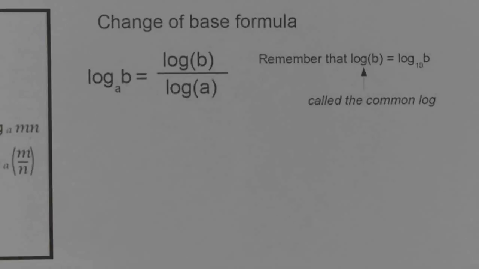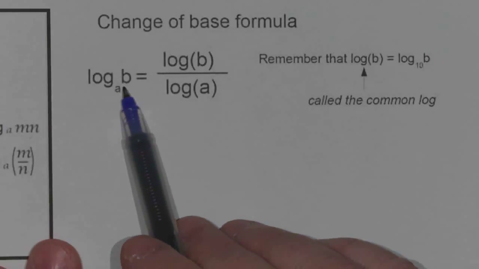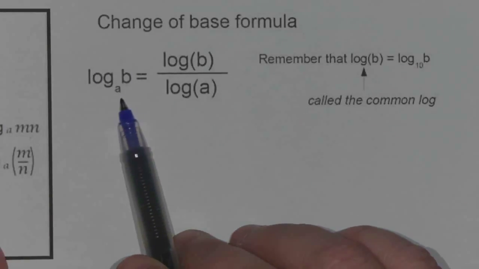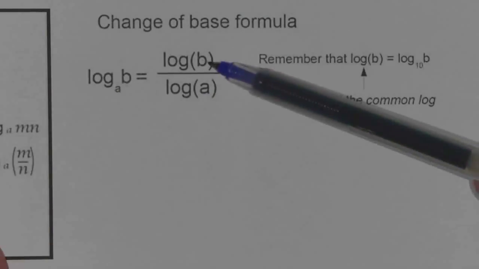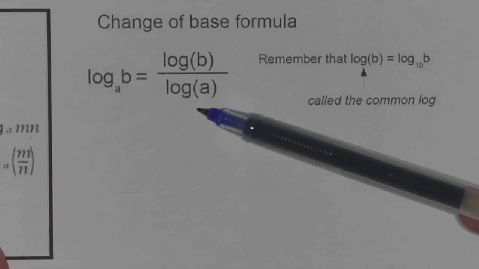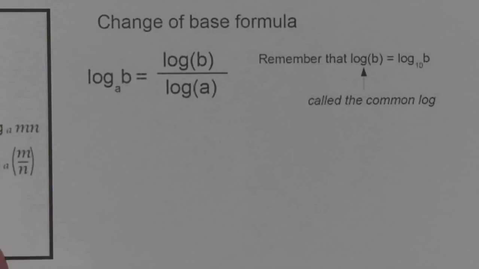This is called the change of base formula. And this change of base formula says that I can do any kind of a base on my calculator if I use the change of base formula. Now, if you remember on your calculators the other day, there's only the log and the natural log, the ln. And then I told you you couldn't do it if it was like log base 3, because you didn't know how to do it yet, right?